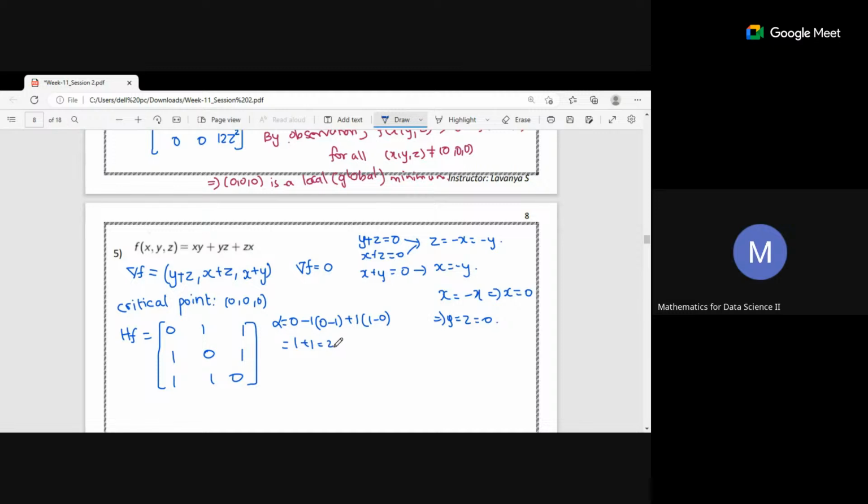Correct? Which is positive. So we can proceed to step 2. What is your beta? Minus 1. So should we go to step 3 then? No, we should not go to step 3. Straight away we can say that (0, 0, 0) is a saddle point. Okay? Fine.